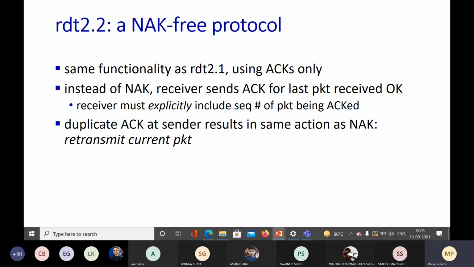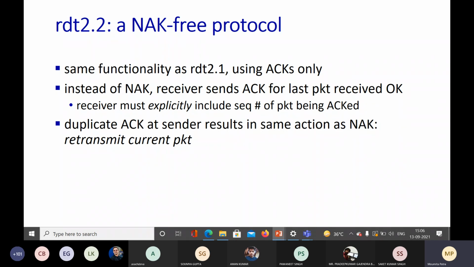Now, if the receiver receives packets with the same sequence number, that means duplicate packets, then it is going to send the same acknowledgement with the same sequence number, with which the sender will get to know that these acknowledgements are duplicates from the receiver side. So maybe I should stop sending packets with this sequence number. This is how the basic chemistry works between the sender and the receiver side.